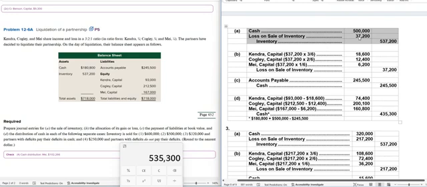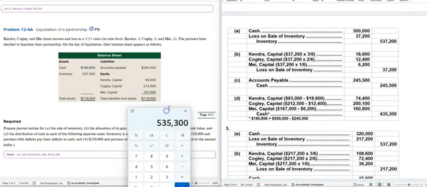That loss is decreased in the owners' capital. So we're going to allocate that loss based off of their income sharing agreement: 3/6 to Kendra, 2/6 to Cogley, 1/6 to Mai. So these capital accounts are decreasing to close out that loss.